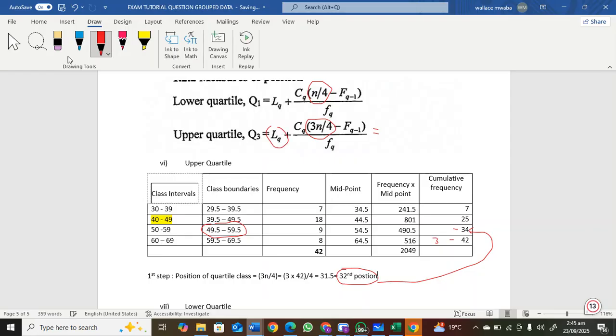We'll say LQ, so we know where the figures are coming from. LQ, lower class boundary, 49.5. So we will put here 49.5.